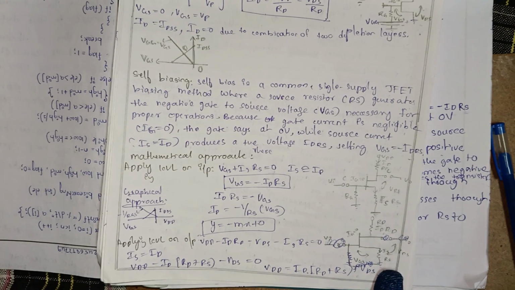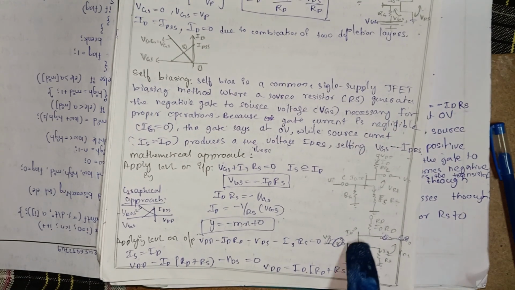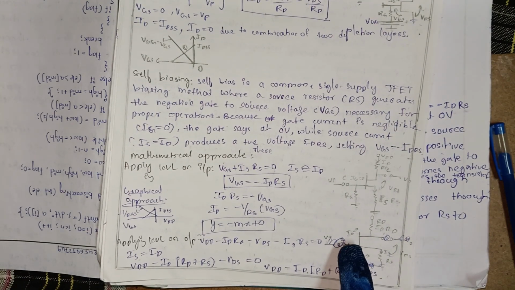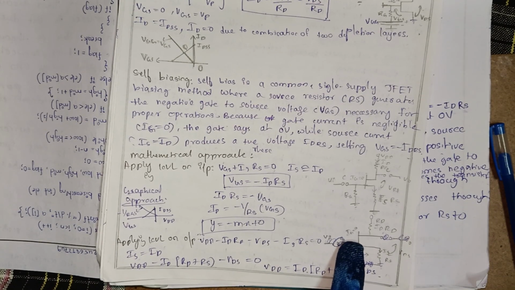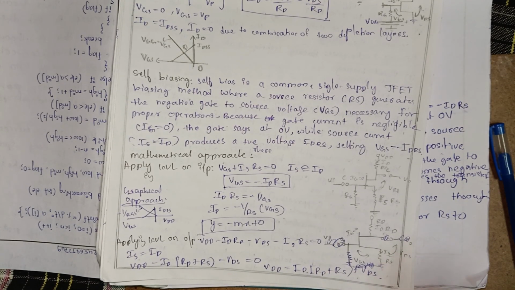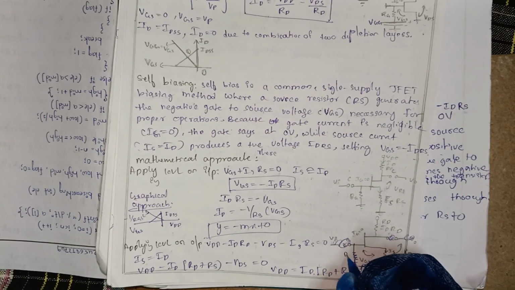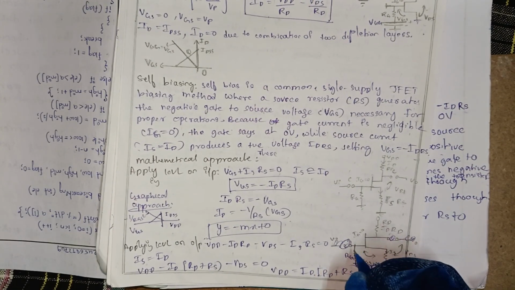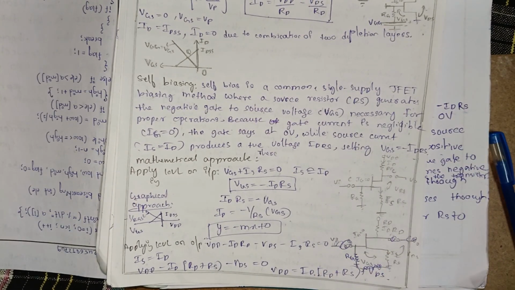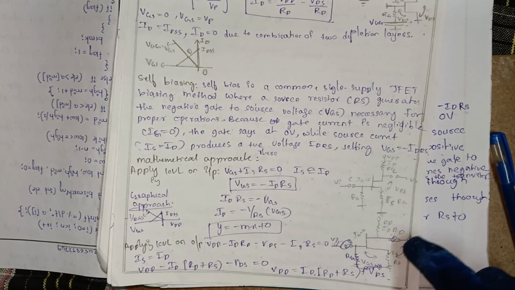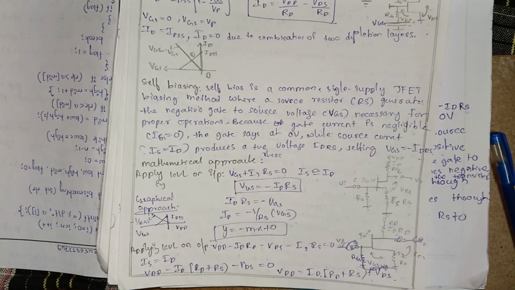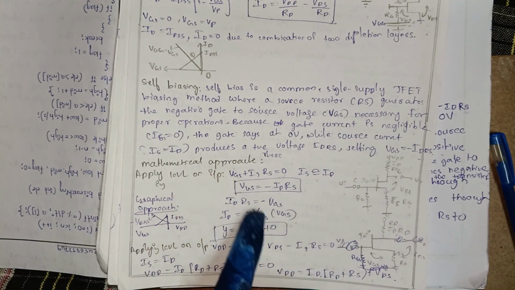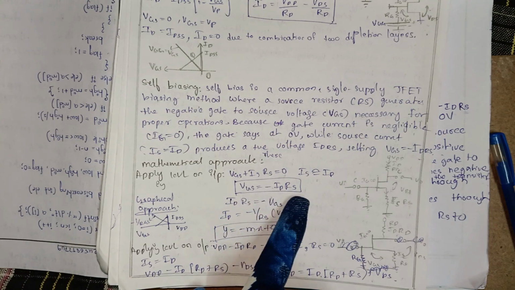Then IS into RS, because IG is 0, so IG into RG will also become 0. So we are not considering that, and we are taking IS into RS, and then VGS is equal to minus ID into RS.